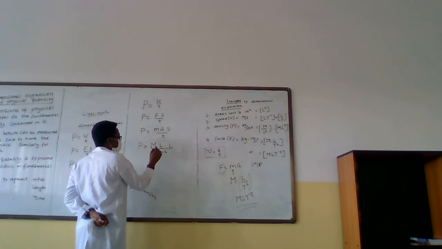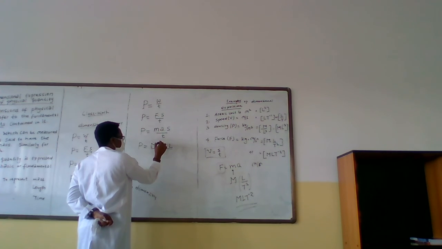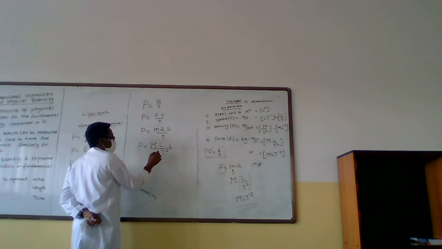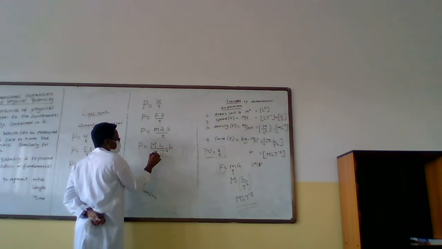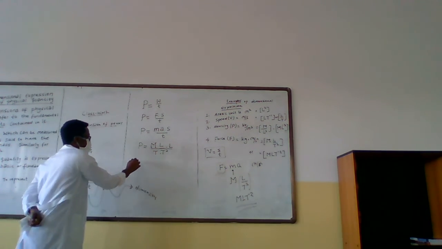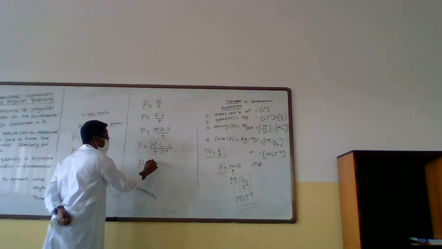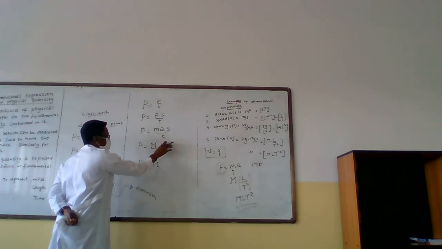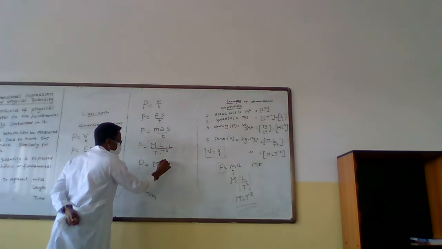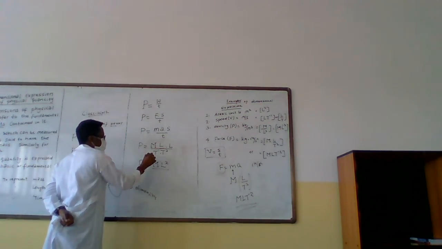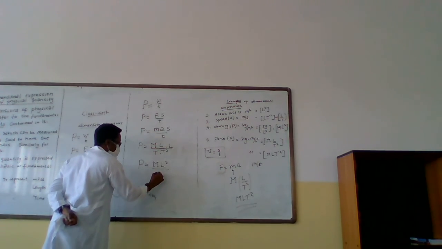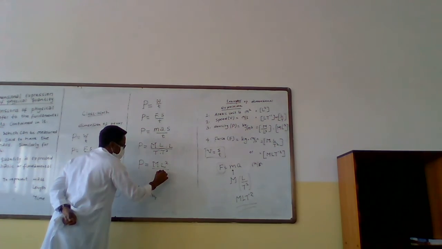And we have this t, so the dimension of time is capital T. So the dimension of power becomes M, L times L is L squared, over T squared times T, so 1 plus 2 is 3.